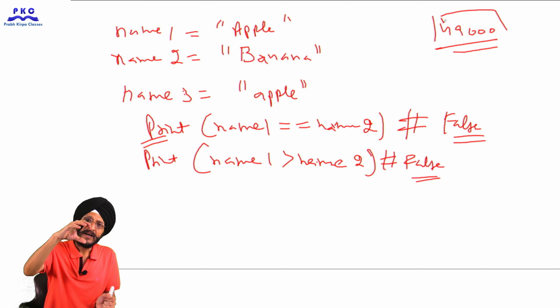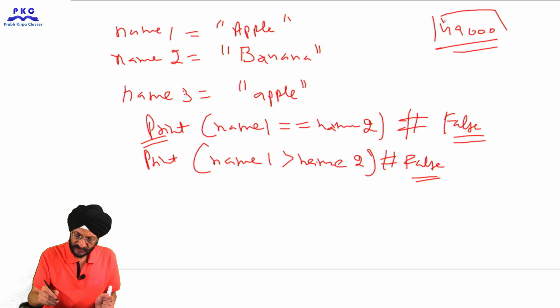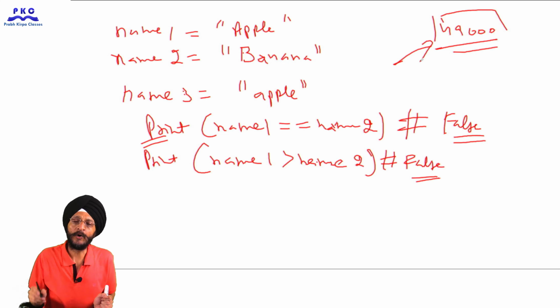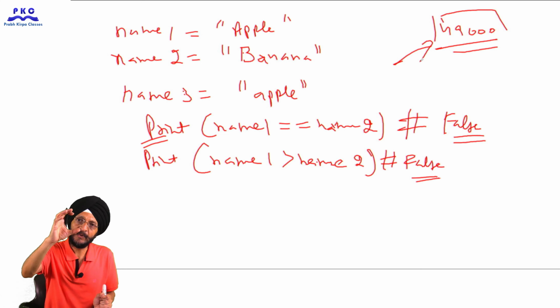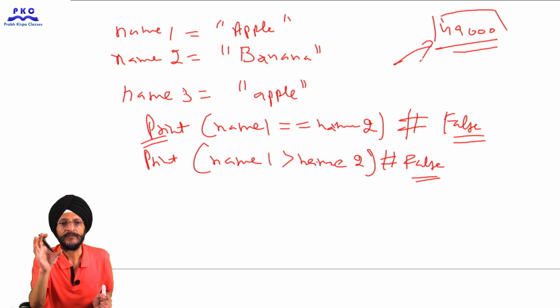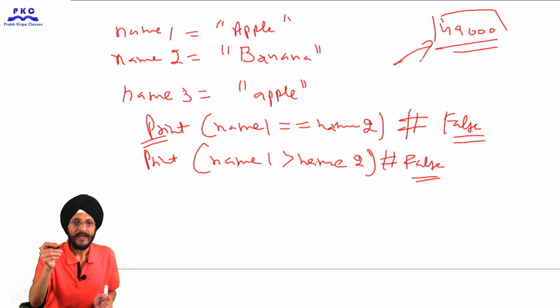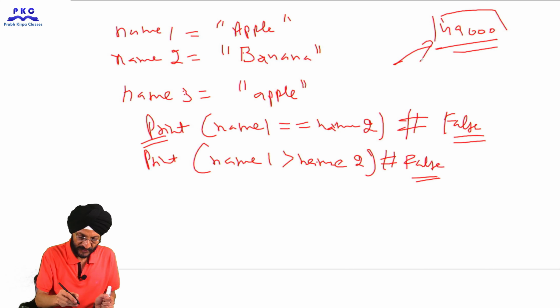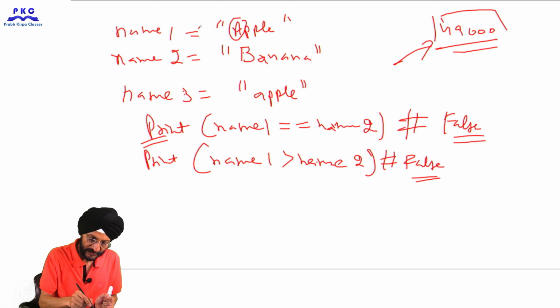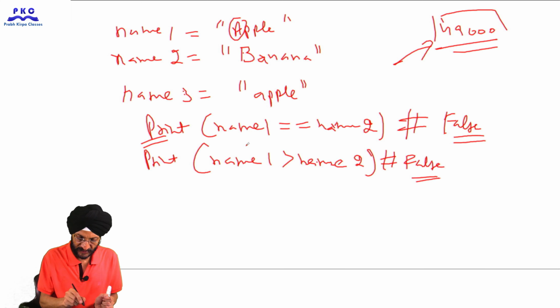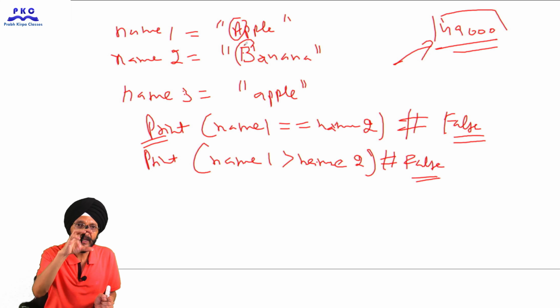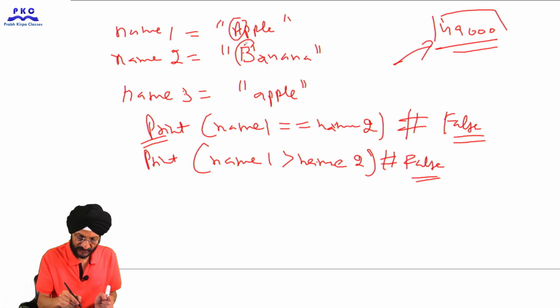Unicode has assigned Unicode values to these thousands of characters, and as per that, A has less Unicode value. So as A has less Unicode value, here we are comparing name 1 with name 2. That is, apple is greater than banana. Here we will in fact be comparing A with B, the first character. A has less Unicode value, so the answer will be false.